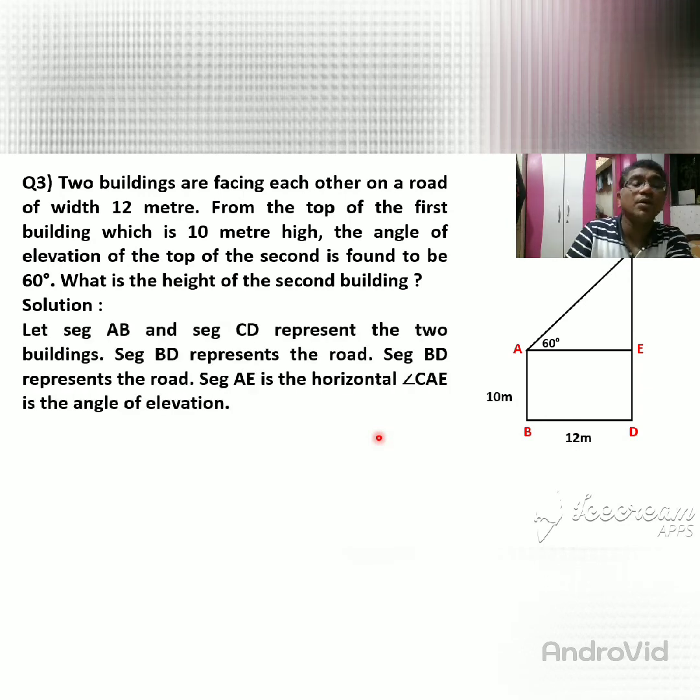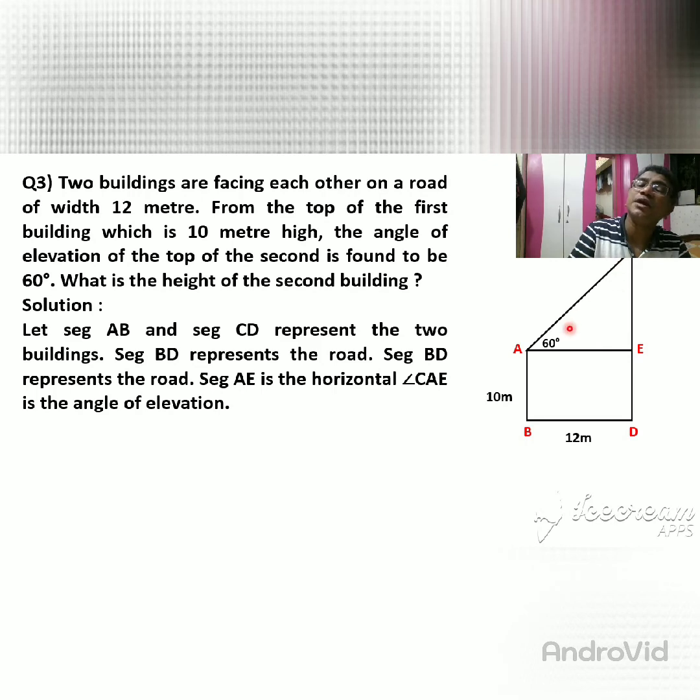See here, let segment AB and segment CD be the two buildings; this building is CD. BD is the distance between the two buildings, that is the road. Segment BD represents the road, and AE is the horizontal.